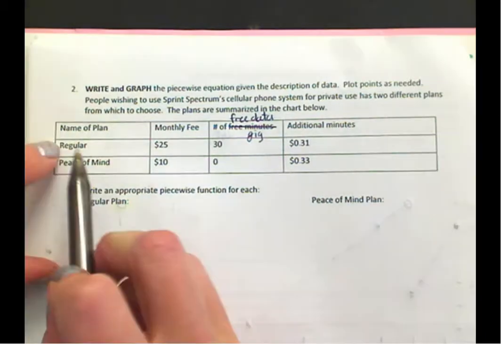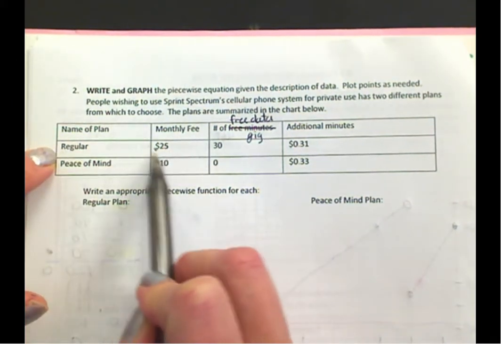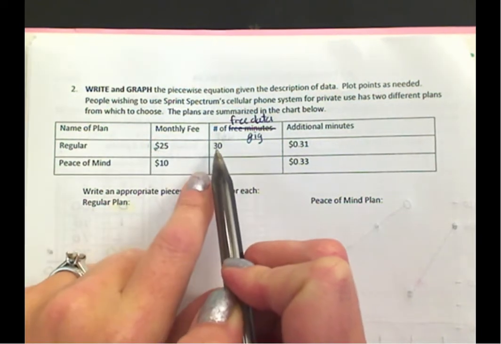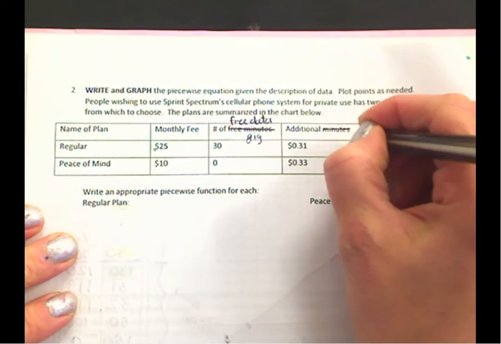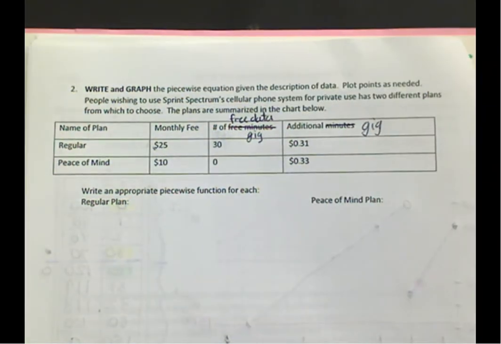Okay? So the regular phone plan costs you $25 a month. With that plan, you get 30 free gigs of data. Every additional gig costs 31 cents. Don't worry about the reasonableness of what cell phones actually cost.